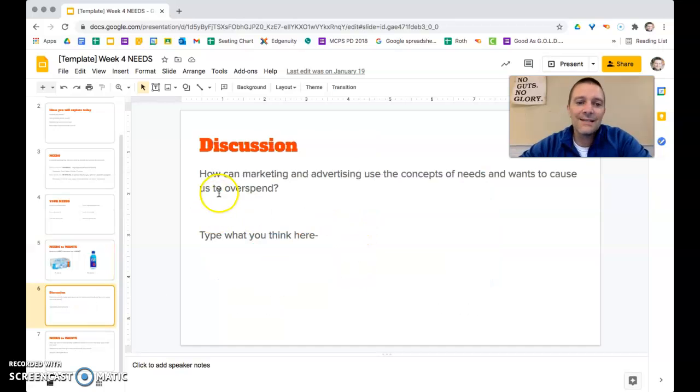So, back to the question, put that in simpler terms. How can a company convince us to overspend on our needs? I want you to type your thoughts here and then move on to the final slide.